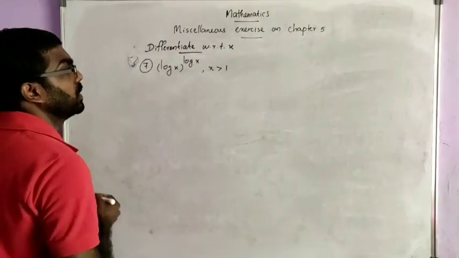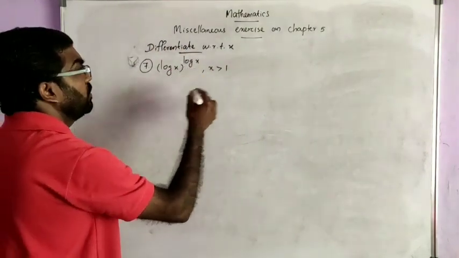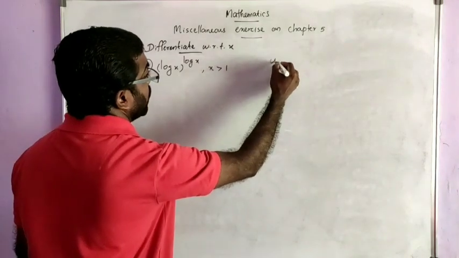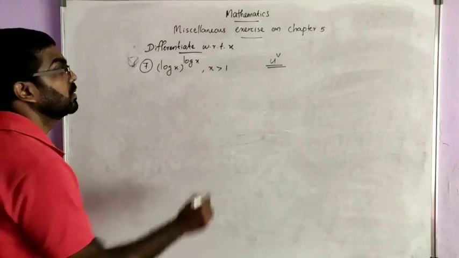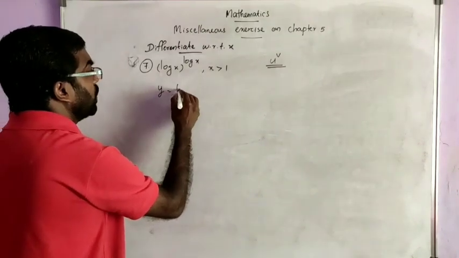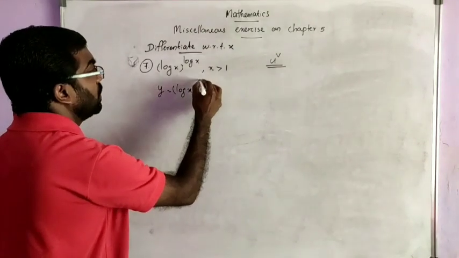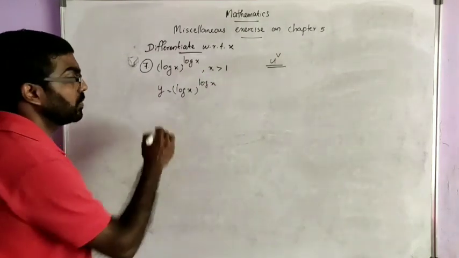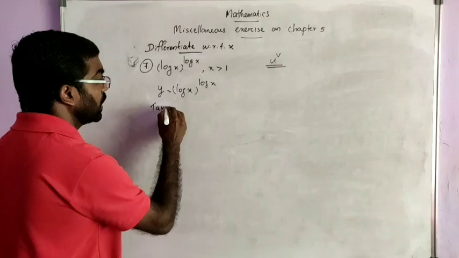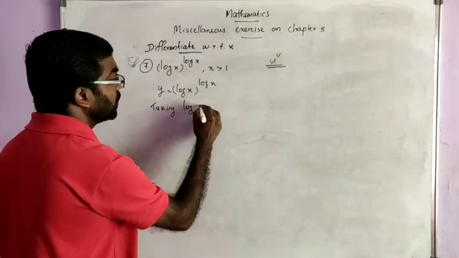Log x the whole raised to log x. It's in power form, that is, the function is of the form u raised to v. Okay, so y is equal to log x the whole raised to log x, with x greater than 1. We can take logarithm on both sides.